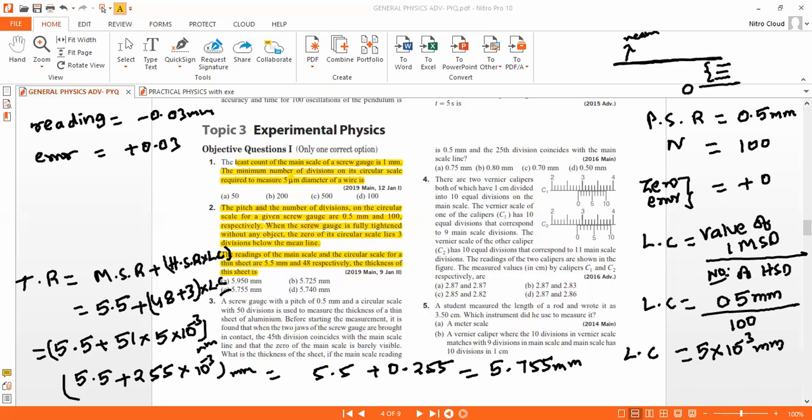The reading will be 3 divisions less, I can say minus 0.03, and the error will be plus now.